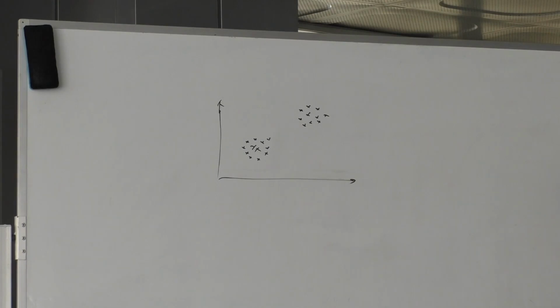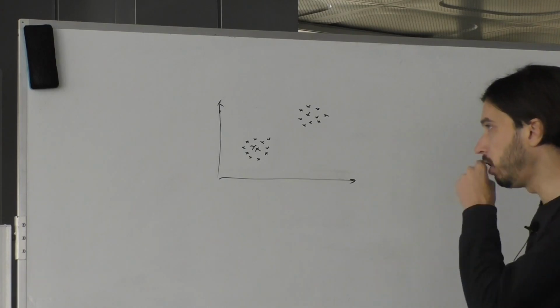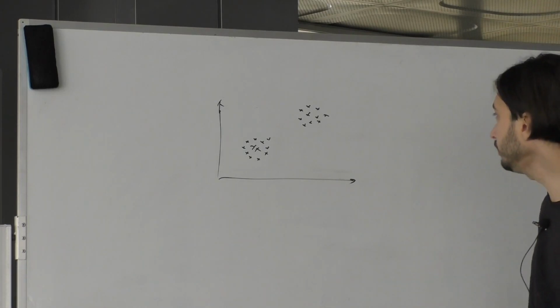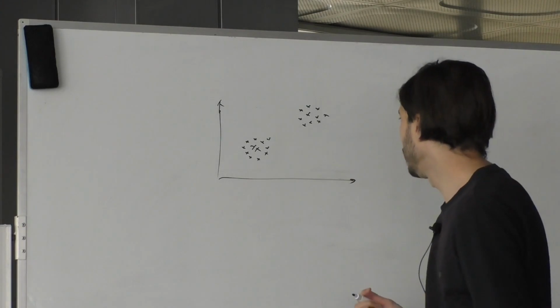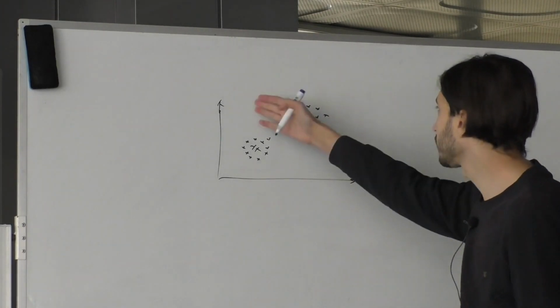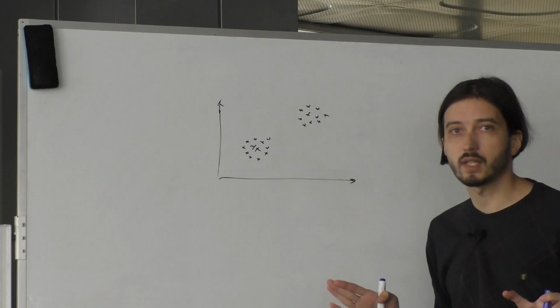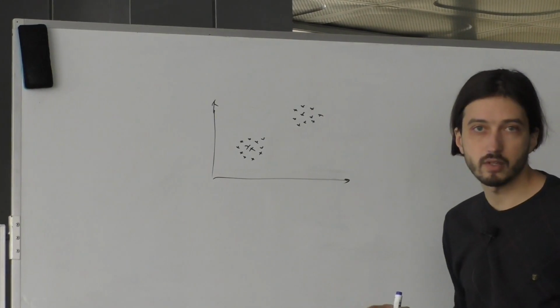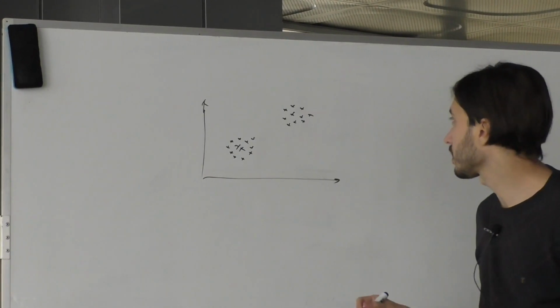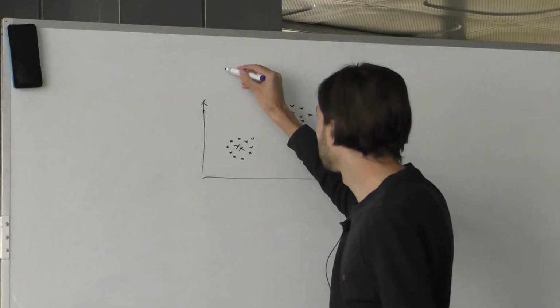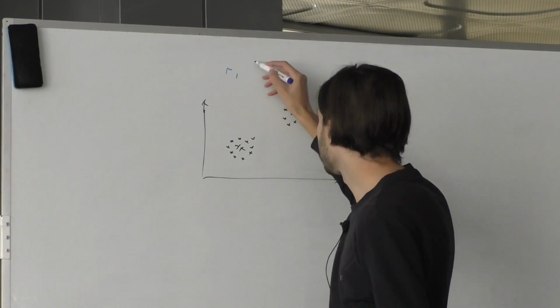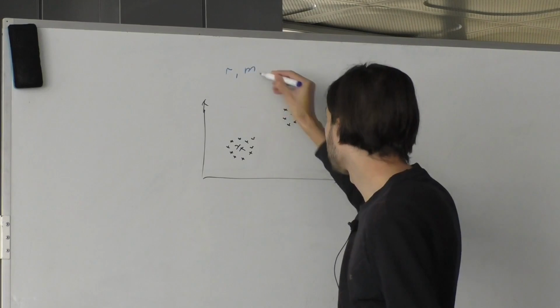DBSCAN and OPTICS are quite similar methods, so almost the same method. But what they do, for example, let's say DBSCAN: we have two parameters for this clustering method. These are some radius r and some number m.